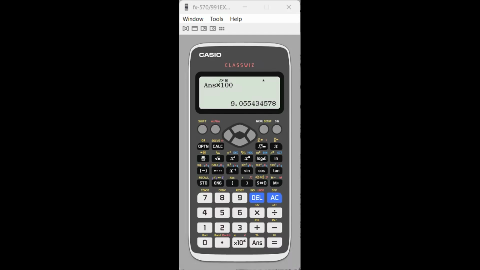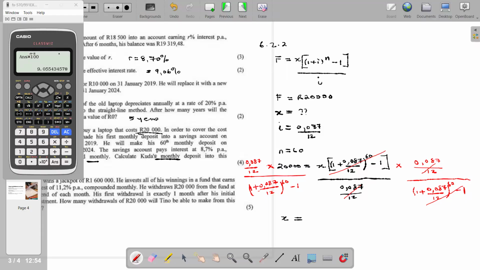Here. So that value, simplifying, we are going to have a fraction. So it's 0.087 divided by 12, times 20,000, all over.